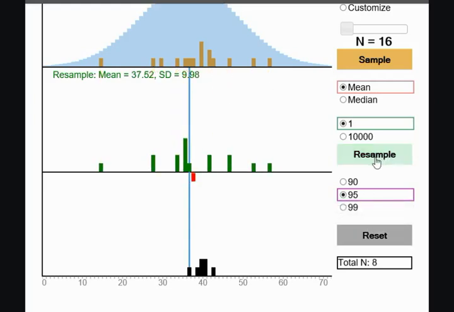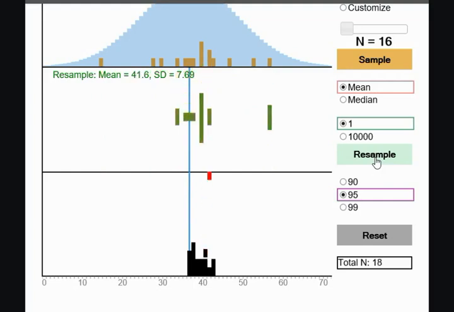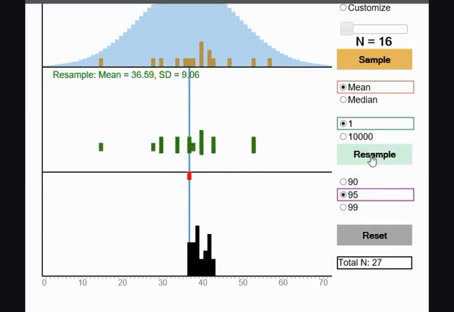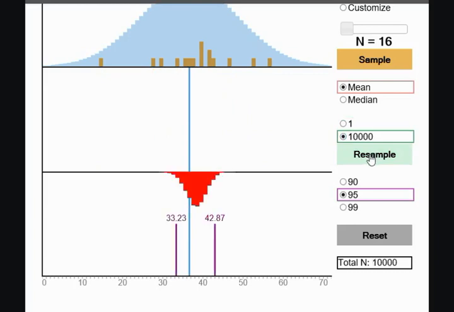Okay, so if we continue taking lots and lots of resamples, you can see it's building up there a sampling distribution of the mean, and look how that sampling distribution is hugging more or less around our original population mean. And keep on resampling, and what SPSS actually does is it does that many, many times, okay? And you can see there, it actually then builds up this new empirical distribution.